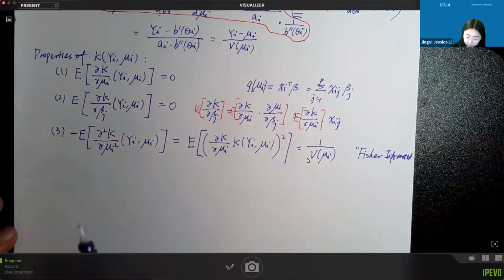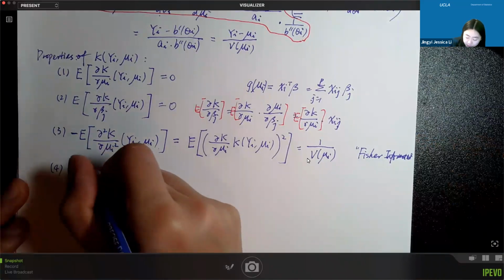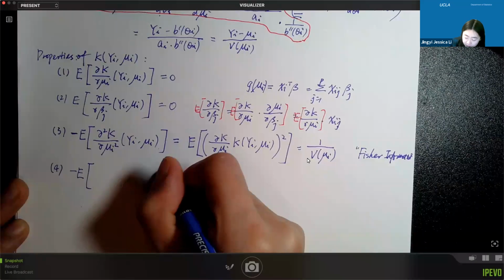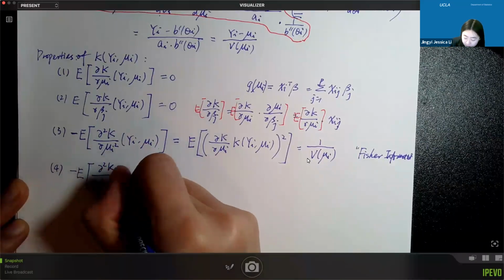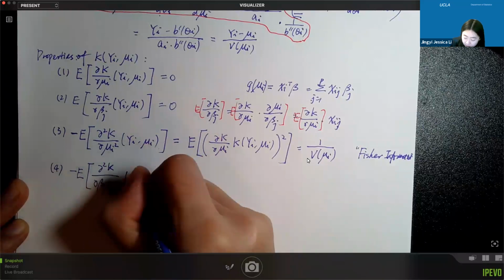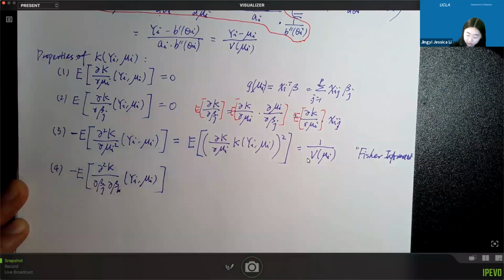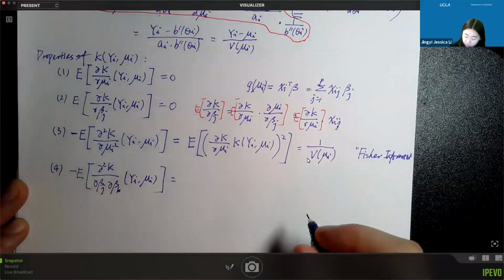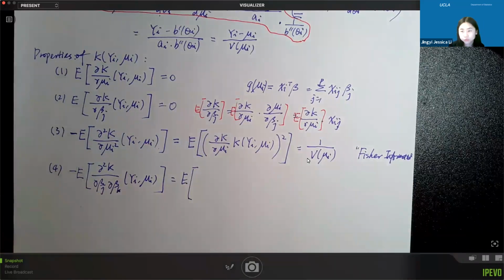So for the jk-th entry in the Hessian matrix, partial beta_j partial beta_k of K(y_i, mu_i), still it's equal to the expectation of the outer product of my two gradients.